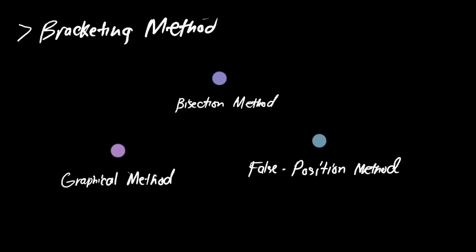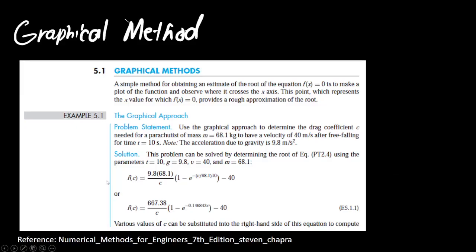In bracketing method, you have at least three forms: one, graphical; two, bisection method; and three, false position method. Let's go first with the graphical method.